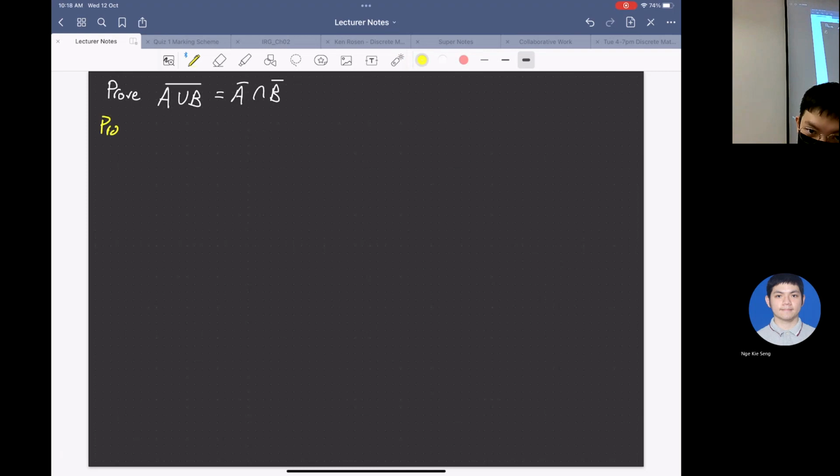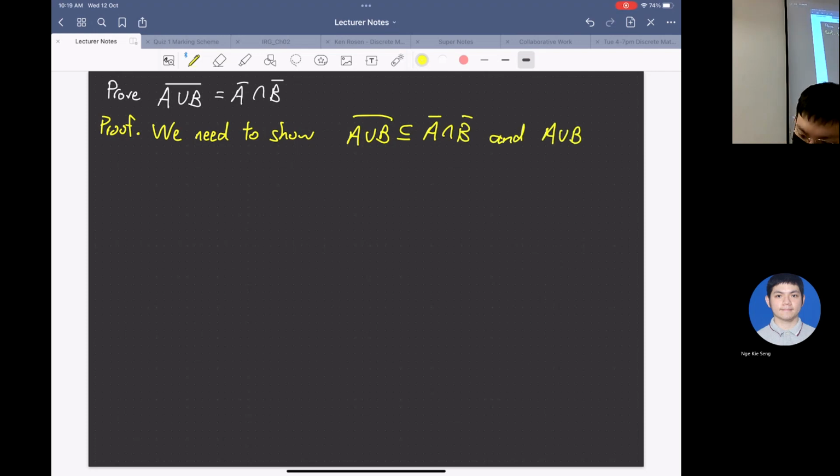So proof. How to prove? Proving set inclusion is one of the techniques you need to learn here. So we need to show that the complement of A union B is a subset of A complement intersect B complement, and the reverse inclusion, that it is a superset.